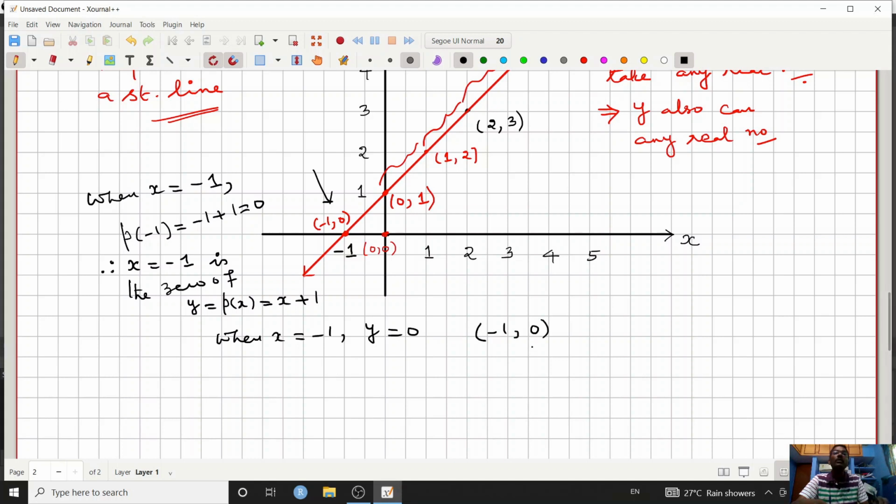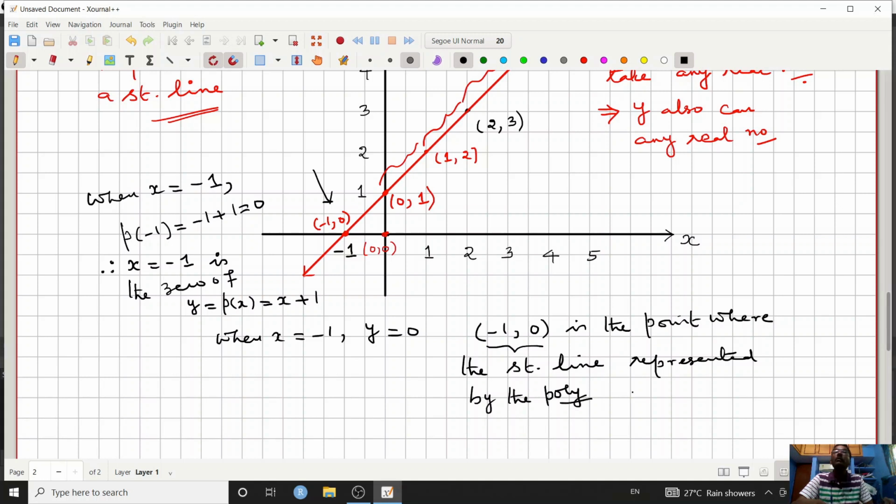So minus 1, 0 is the point where the straight line represented by the polynomial p of x is equal to x plus 1 cuts the x-axis.